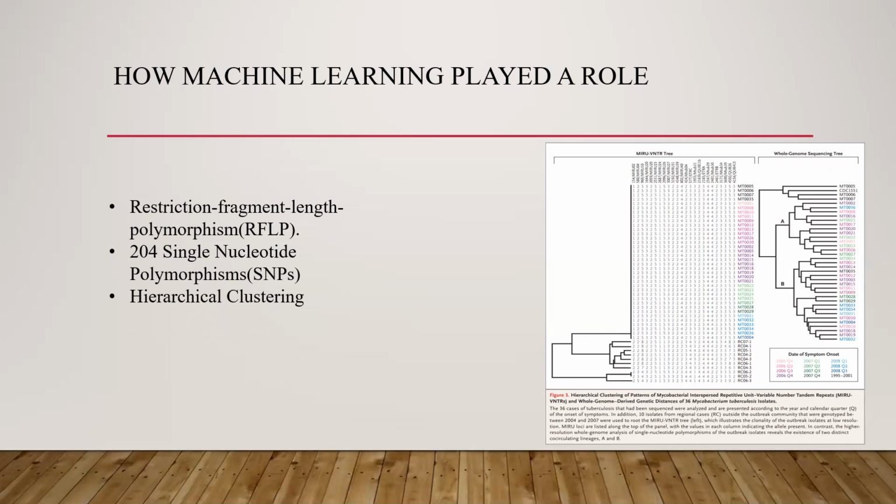They also found that both lineages had been present in the region for at least 5 years before the outbreak, suggesting that there may be another factor triggering the outbreak in 2006 rather than a genetic change in the organism. So after hierarchical clustering was applied to the SNPs, they came to the conclusion that a social or environmental factor triggered the outbreak and not a genetic change.